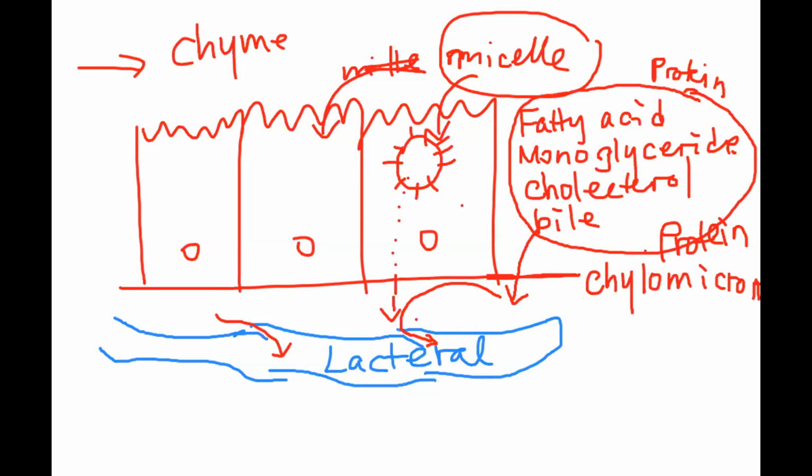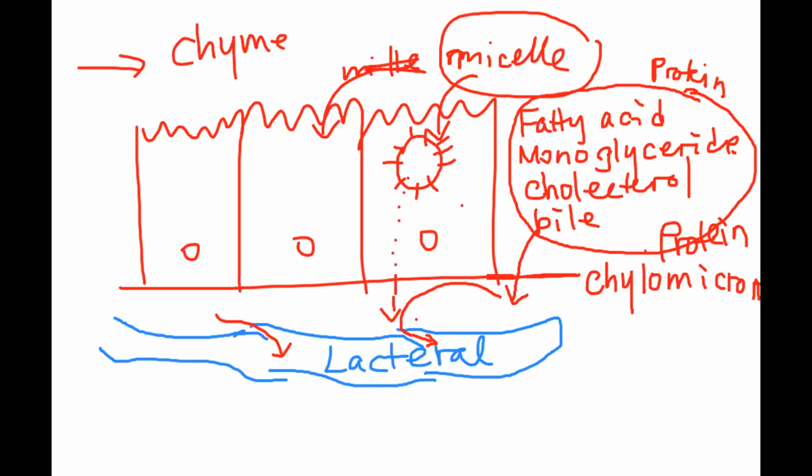All right, so are we good with the fat digestion and absorption? We talked about the physical digestion, which needs help from bile, and the chemical digestion, which requires lipase, made in the pancreas. For fat absorption, we first make micelles to get into the small intestine columnar cells.